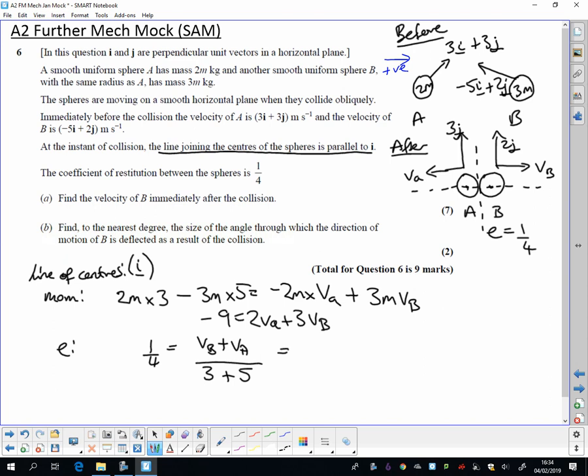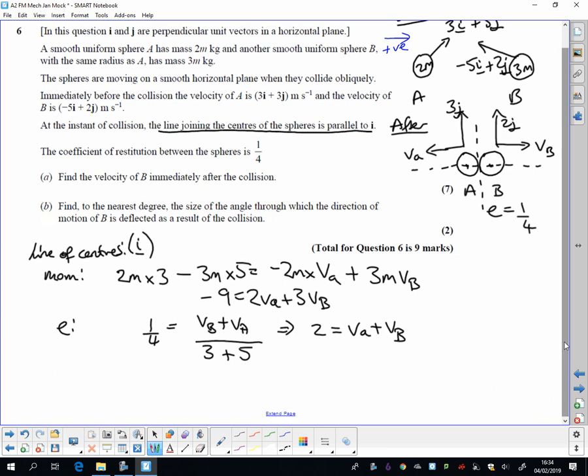You can simplify that and you should be able to get to 2 = velocity of A plus velocity of B. Then we can solve these simultaneously, and you can get VA is 3, VB is -1.